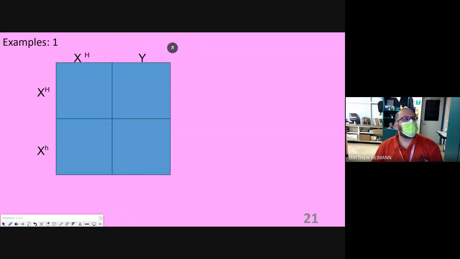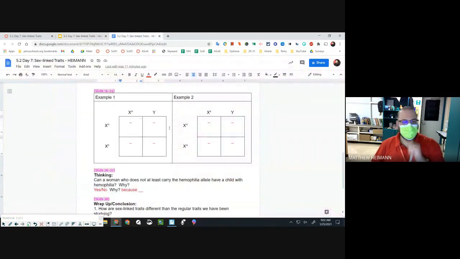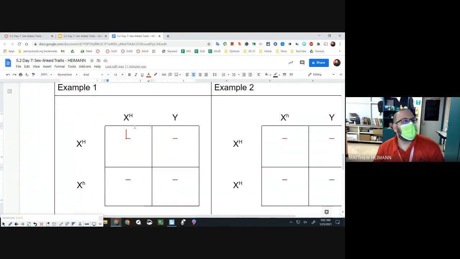All right, so on your document, this can be kind of tricky to type in, but you guys can do it. So how do you do it? Let me zoom in here. What do you do to control it? Yeah, exactly. It's easy to do. So I type in X, the control period, capital H, control period again, X, control period, capital H. Or like Joe said, copy and paste.